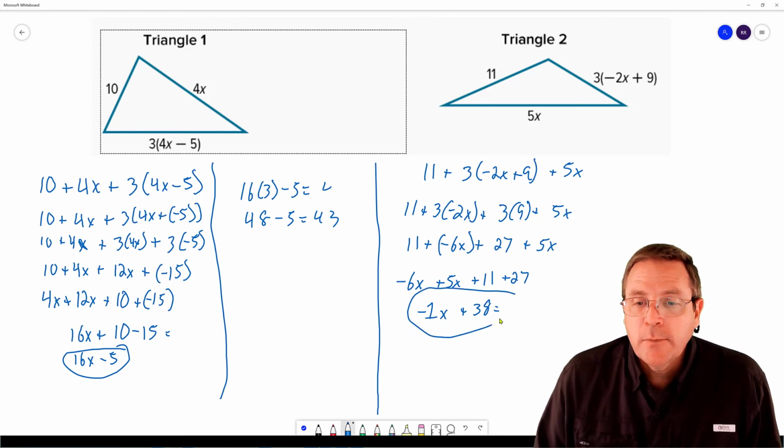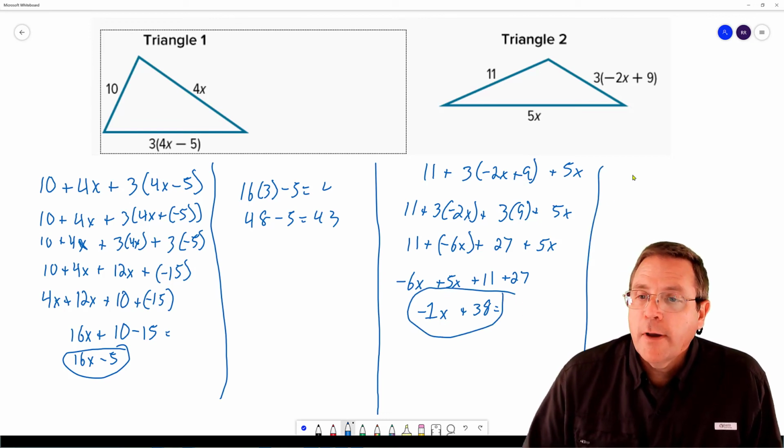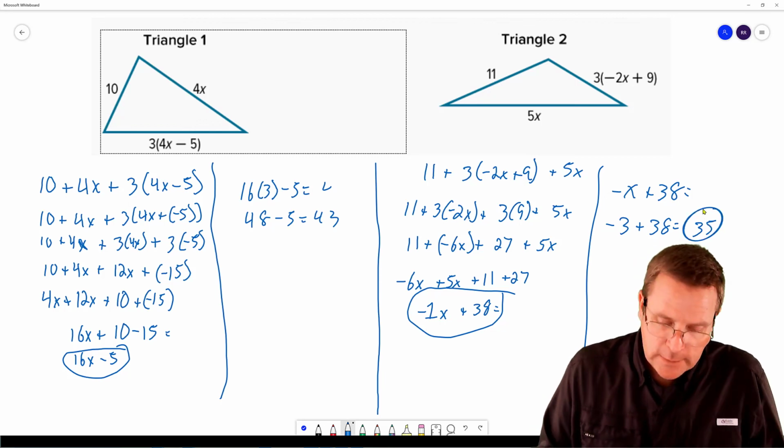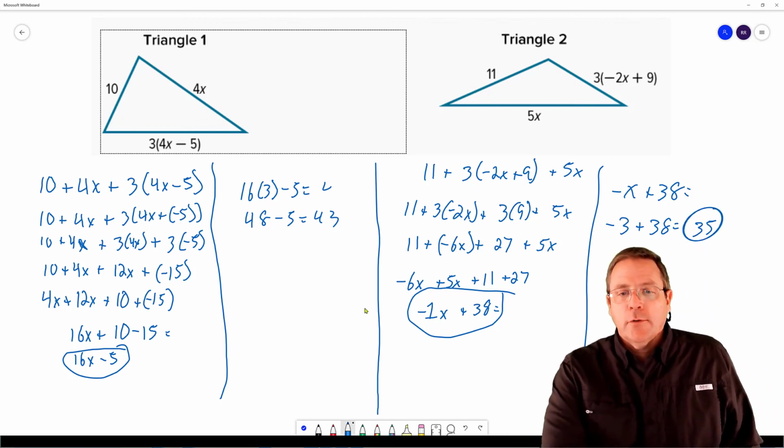Now that is in simplest form. We're going to take that value, negative x plus 38, and plug in the 3 for the x value: negative 3 plus 38. Signs are different, find the difference, and the sign of the larger number goes in front of your answer.